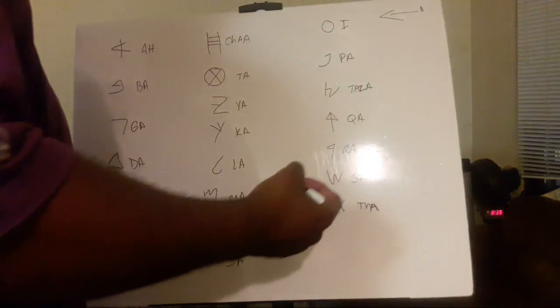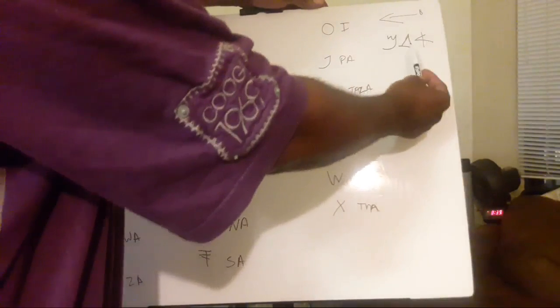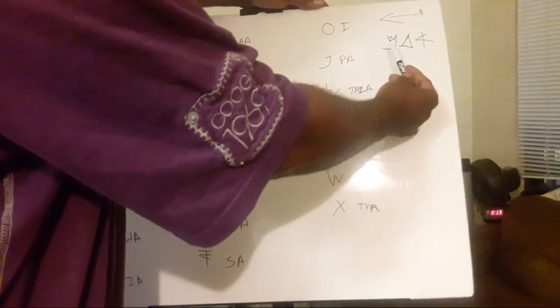So if I was going to spell Adam, it would be like this. A, da, ma. That's what you would know as Adam. A, da, ma. Now, this same word can change with the connector.